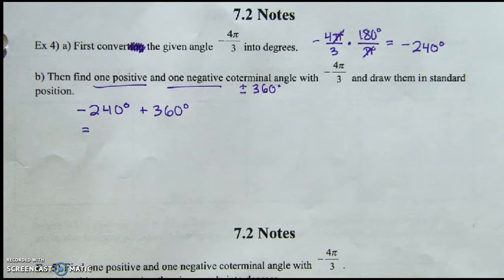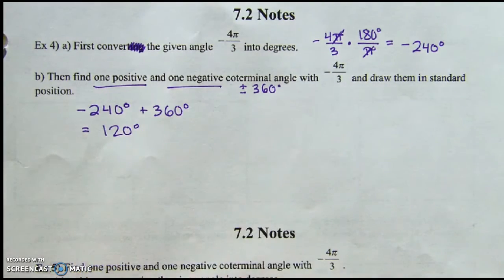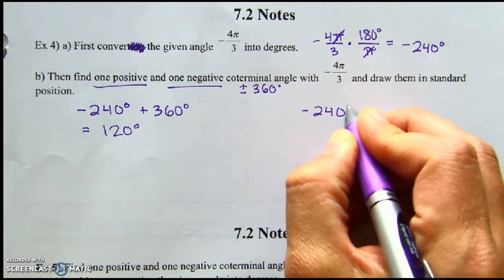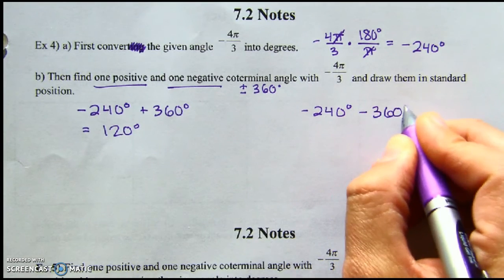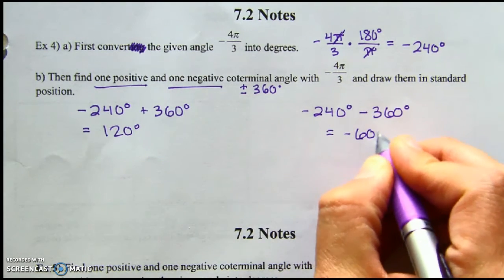Plus 360 in the calculator, 120. Good. Is that positive or negative? Okay, we need a negative one. So negative 240 minus 360. What's that going to be? I'm out of time. Negative 600, thank you.